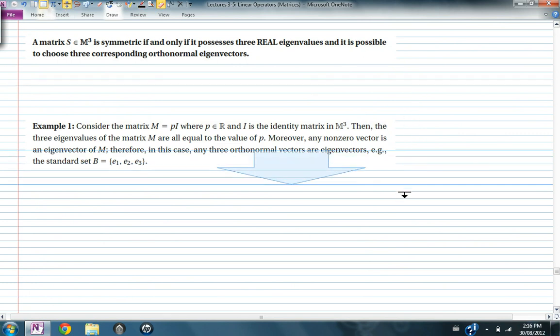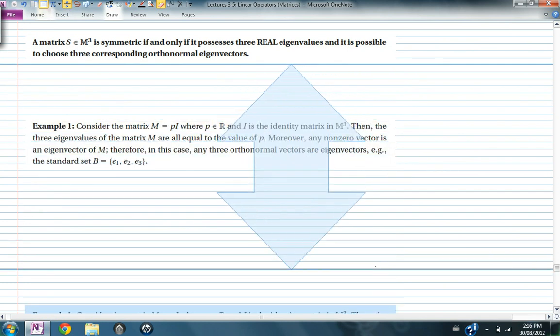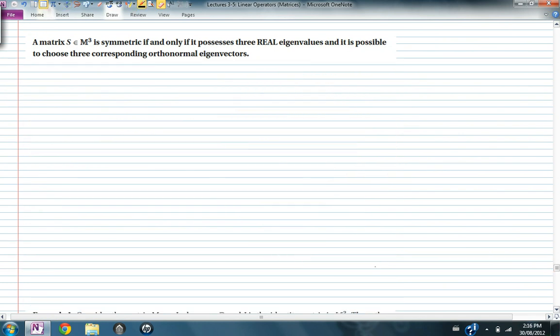This statement states: a matrix S is symmetric if and only if it has 3 real eigenvalues and it is possible to choose 3 corresponding orthonormal eigenvectors. So what this means is the following.